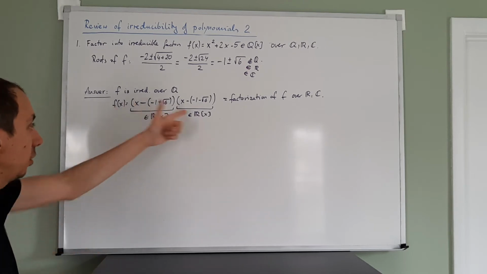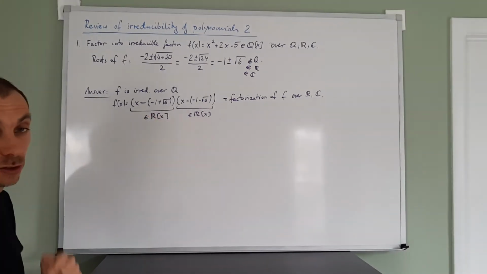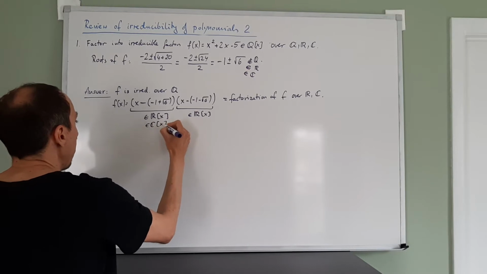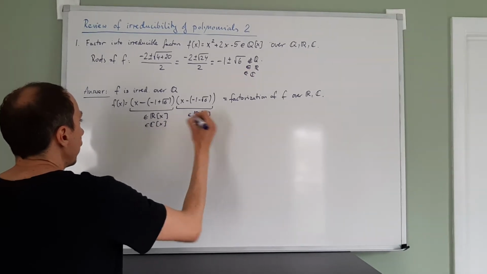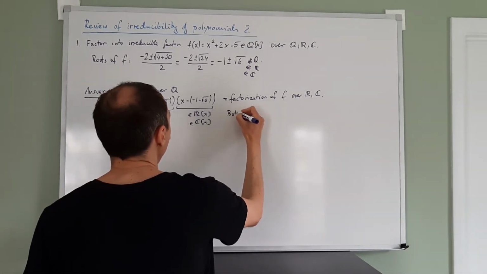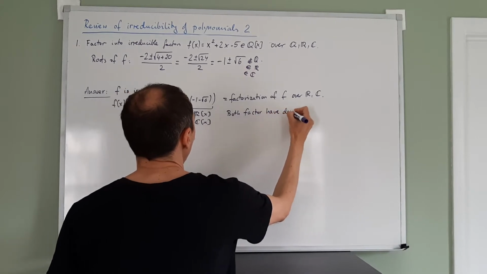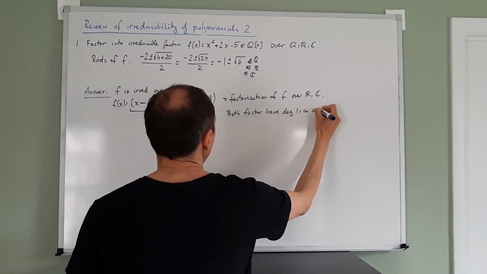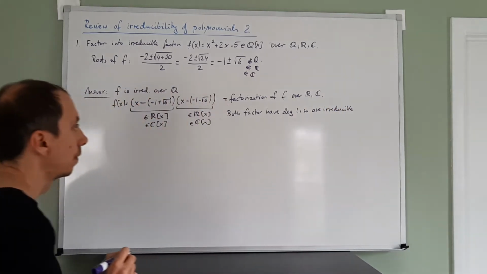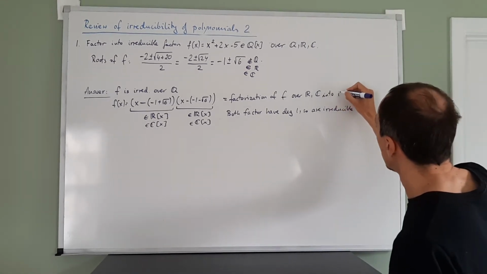So both 1 and these constant coefficients are actually real numbers. So we get that these factors live inside R[x]. They also, of course, live in C[x]. And secondly, both factors are degree 1, so are irreducible. Right, so this is the factorization of f over R and C into irreducibles.